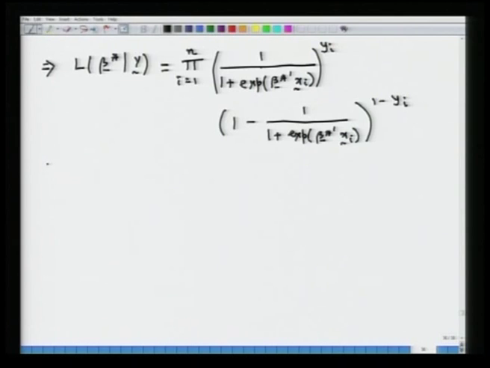Right. Now, if this is the likelihood, one can also write the log likelihood function.